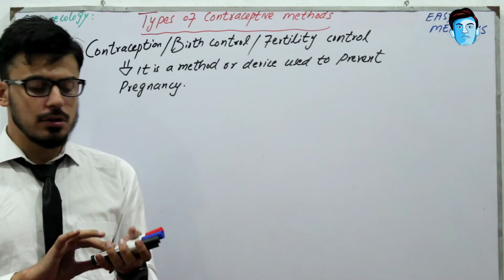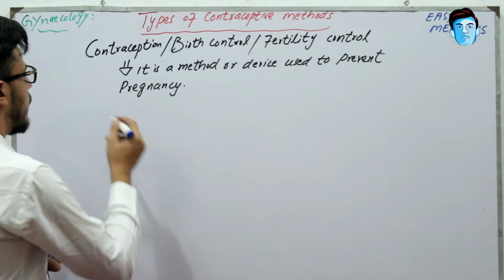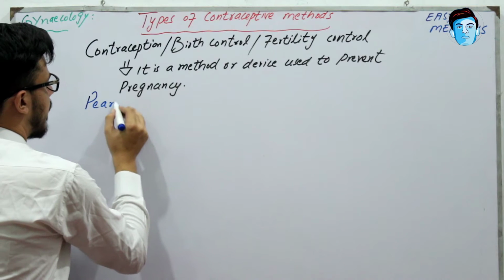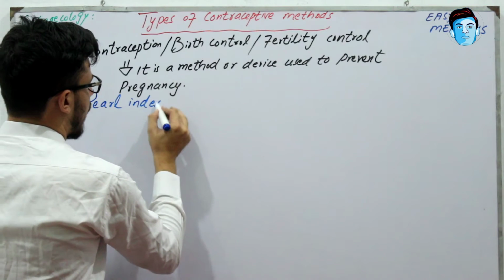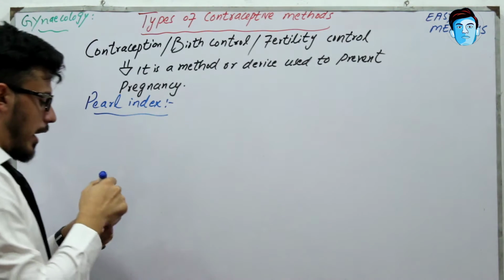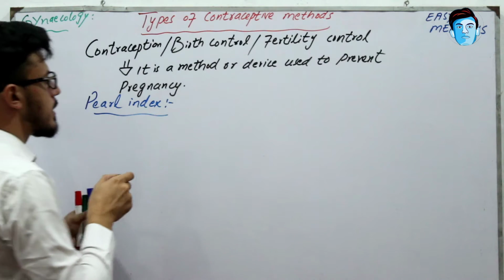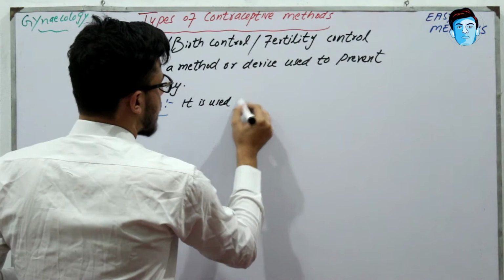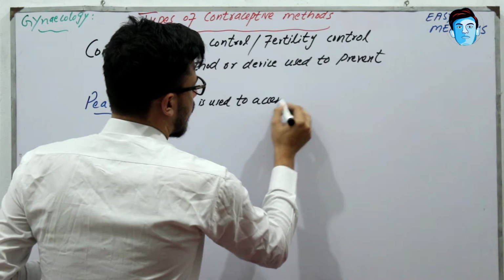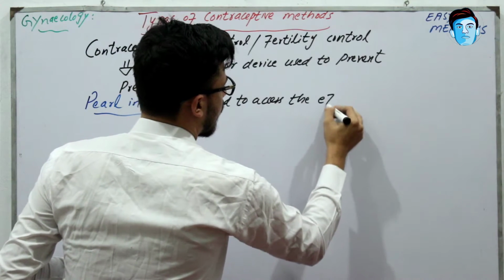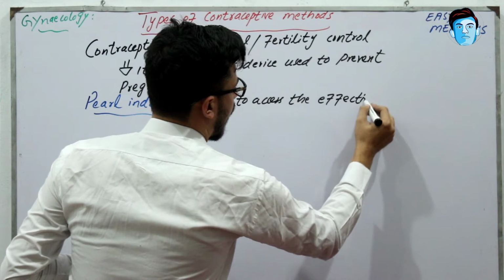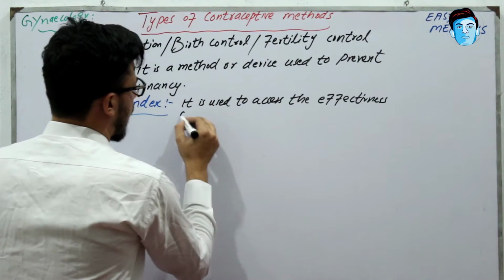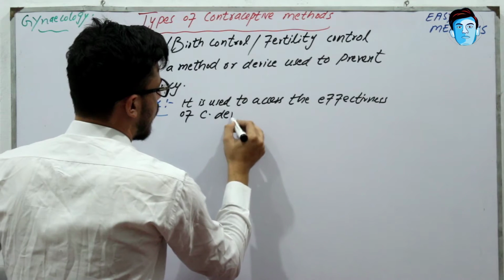Now there is a special term which you should know about, that is called the Pearl index. So what is the Pearl index? Actually it is used to assess the effectiveness of a contraceptive device.